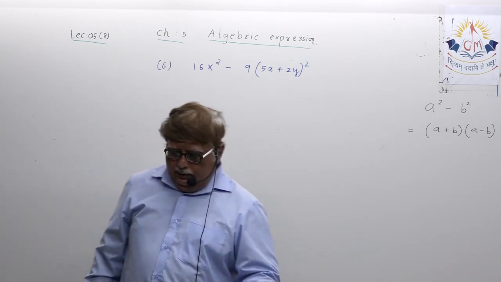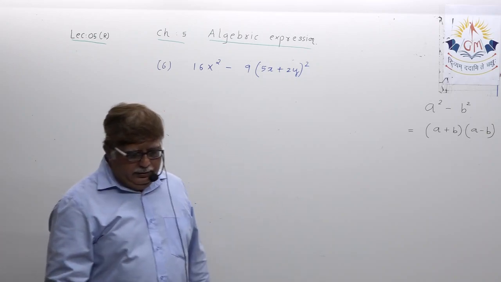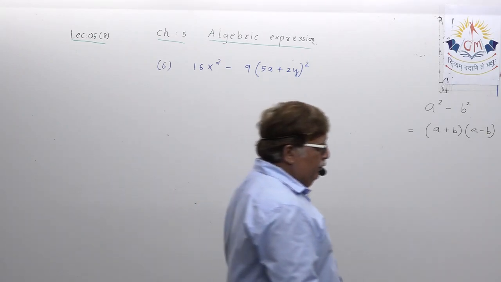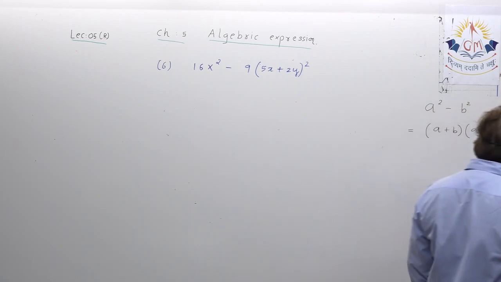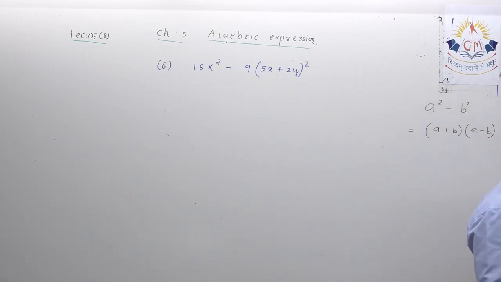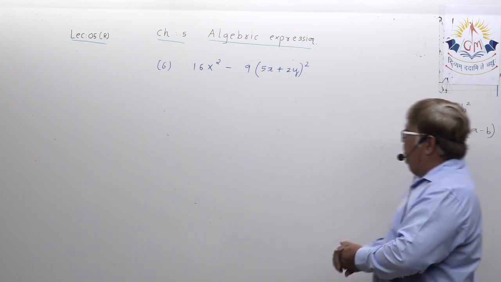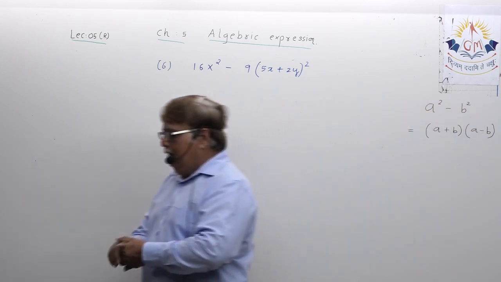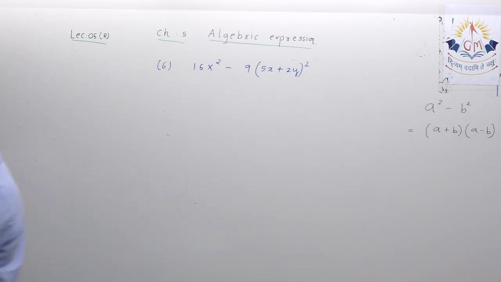I have intentionally given this example because I want this sum to be solved completely by you up to the last step. Up to the last step, when I am speaking this word, I am giving a meaning of this. Understand?